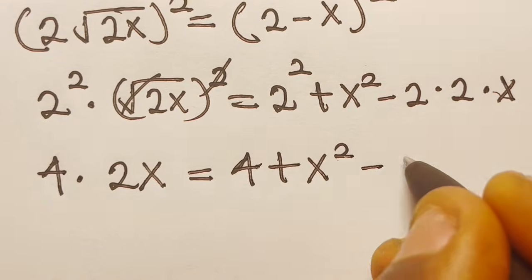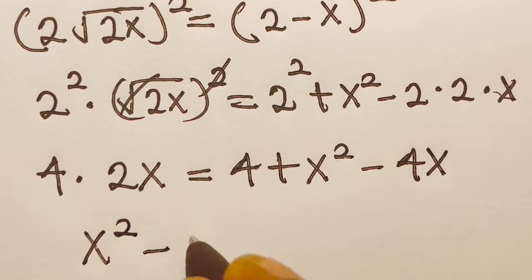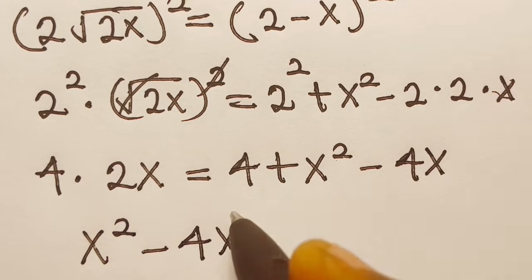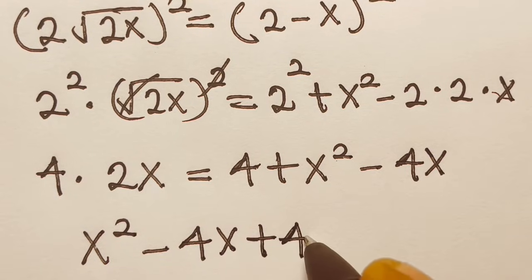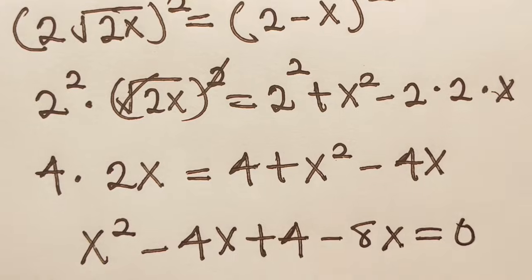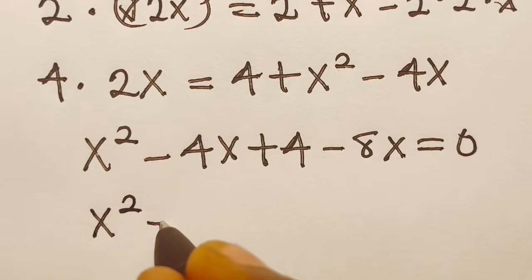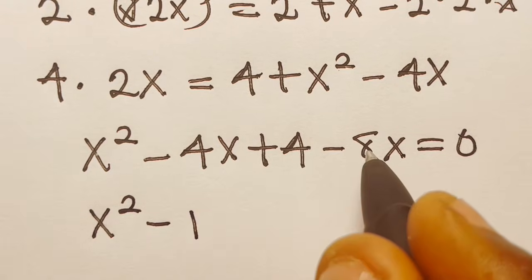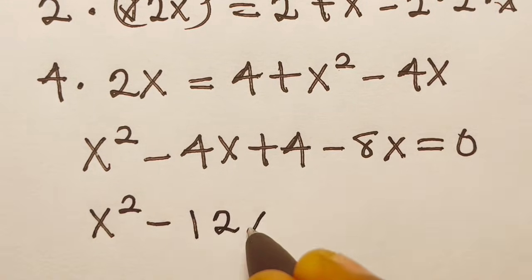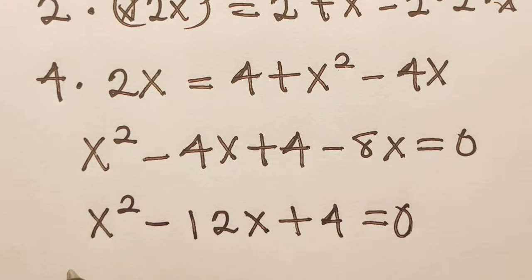So we have 4 multiplied by 2x, the square root cancelling the square, equals 4 plus x squared minus 4x. Therefore we have x squared minus 4x plus 4 minus 8x equals 0. Then x squared minus 4x minus 8x, that is minus 12x, plus 4 equals 0.